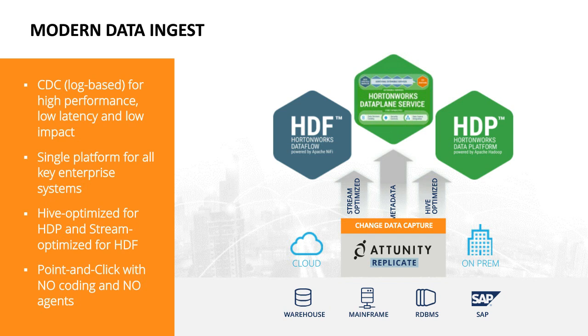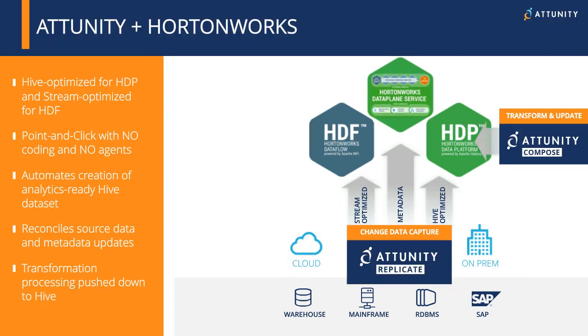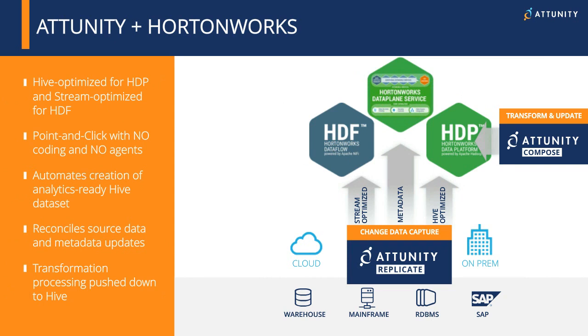So it's both stream optimized to deliver to real-time infrastructure like NiFi, and it's Hive optimized to be able to take the data. Once it lands in HDP, then you move it to the next step, which is, all right, I now have it on the HDP platform, but how do I make it analytics ready? And this is something that Hortonworks and Attunity have worked very closely together on, to optimize not only the delivery of data, but to make sure that it's transactional in nature and ACID compliant.